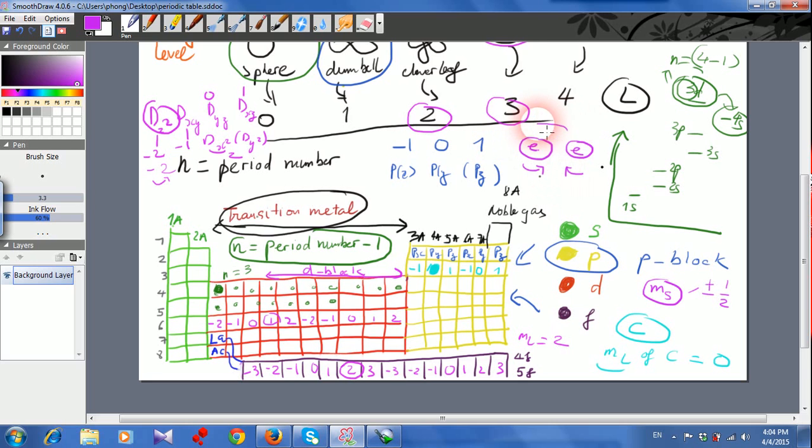When we have two electrons in an orbital like this, we call MS is -1/2, and if we have one electron here, we call it positive 1/2.